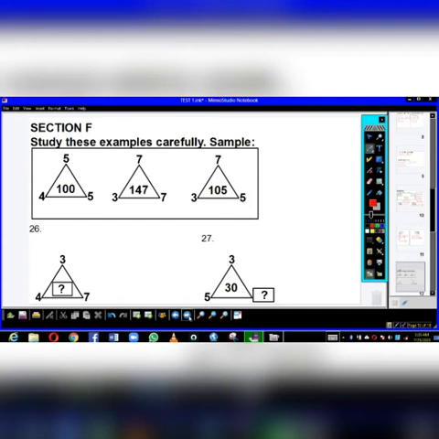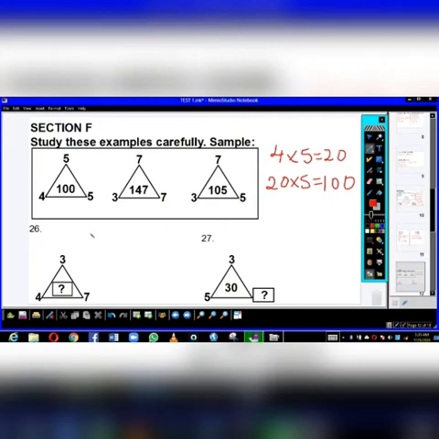Now let's proceed to section F. Here in section F, they said we should study these examples carefully. 4 multiplied by 5 is equals to 20. 20 multiplied by 5 is equals to 100. We are going to use this information to find the value of the missing numbers in each box that we have.